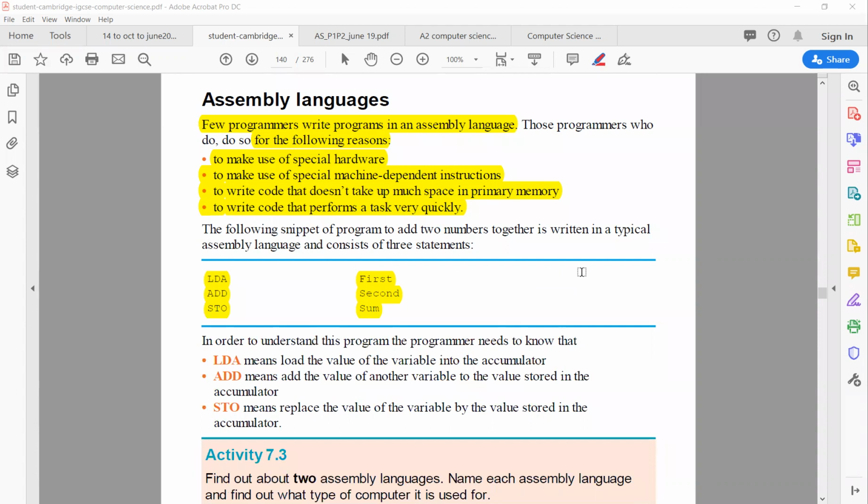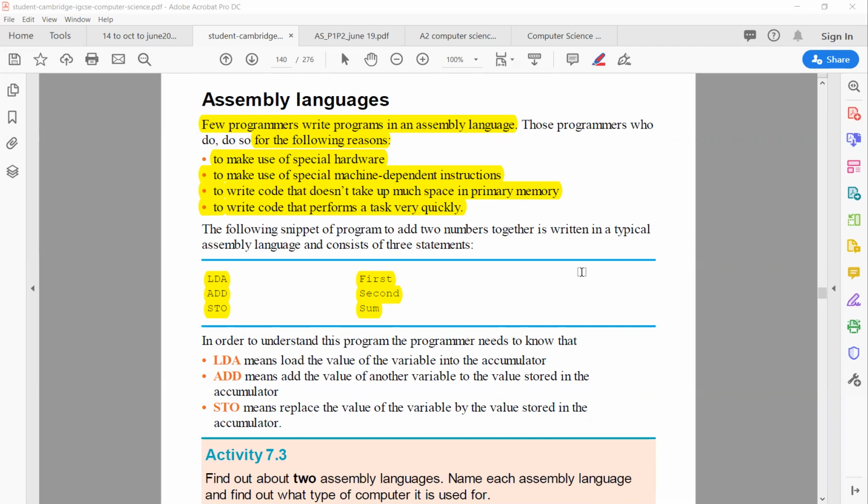Assembly language, which is one of the low level languages, is used basically for a certain special type of hardware, special machine dependent instructions. Machine dependent means when you write the instructions on a certain machine or computer, that instruction will run only on that computer. It will not run on any other machine.